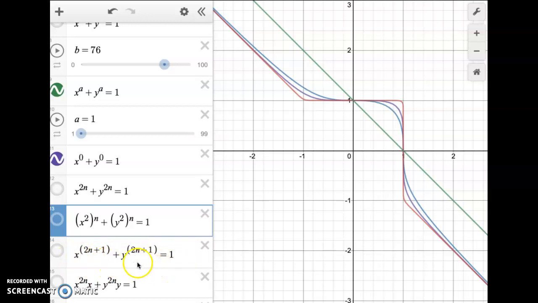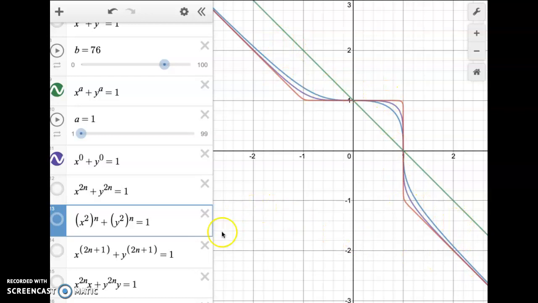This can further be rewritten as x to the 2n times x plus y to the 2n times y equals 1 for any integer n. What this means for the odd equations is that it is taking this equation here and multiplying in another x and another y in order for us to get these curves that we see.